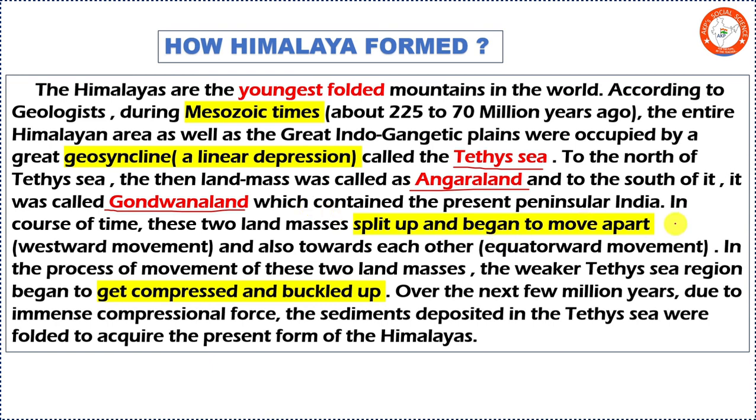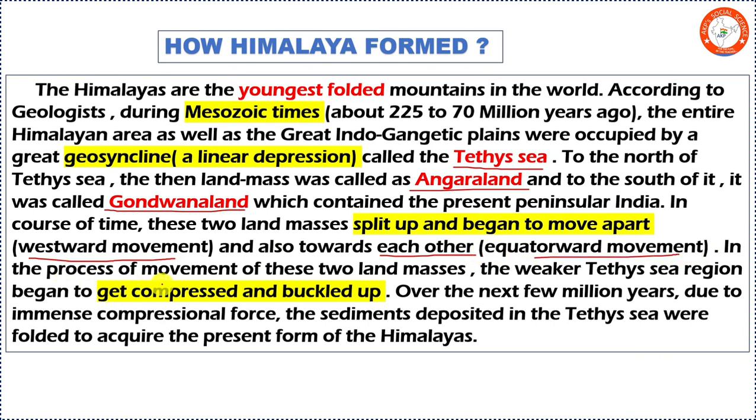A long time ago, we know that the entire world was joined as Pangaea, which contained the present peninsular India. In the course of time, these two land masses, Angara land and Gondwana land, split up and began to move apart, that is westward movement, and also towards each other, equatorial movement.